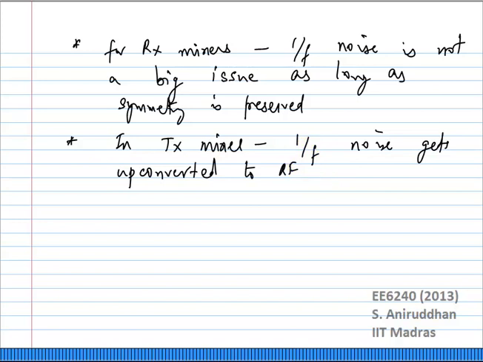So we have analyzed the GM stage, we have analyzed the load. The only thing left is to analyze the switching pair. Obviously that is going to be a little bit more complicated to analyze, because it is not as simple as just a mixing action. It is the mixing portion itself which is causing the noise.